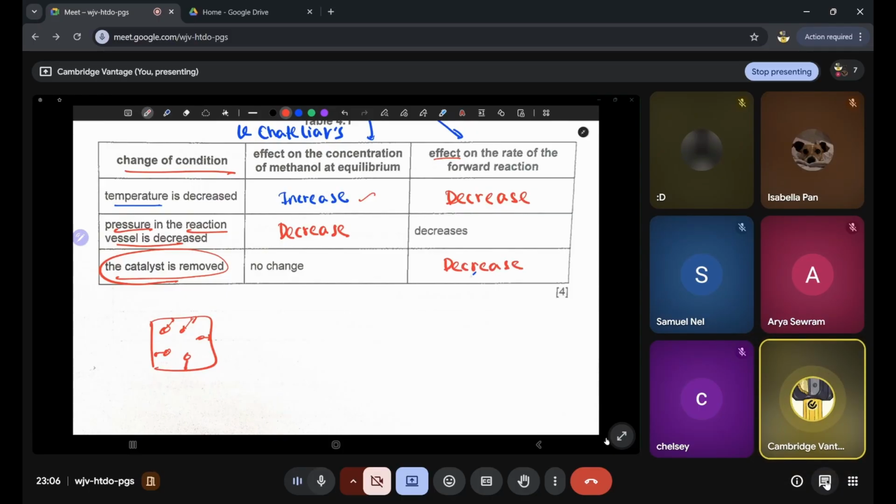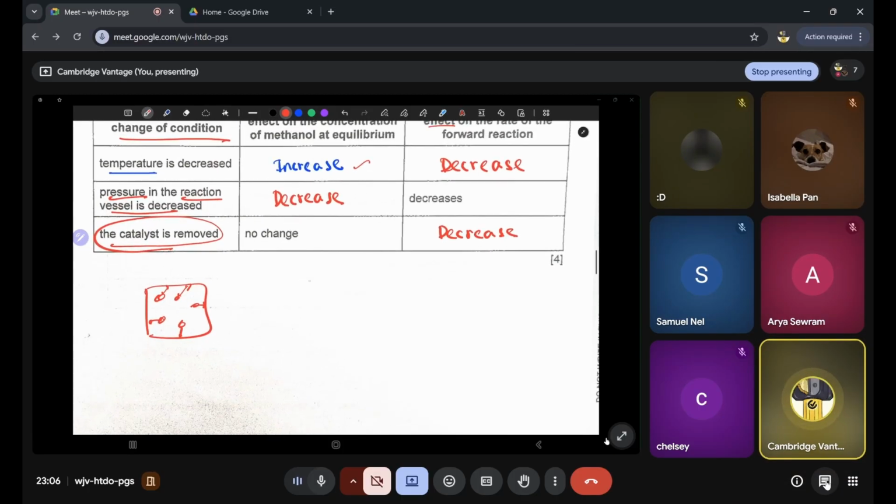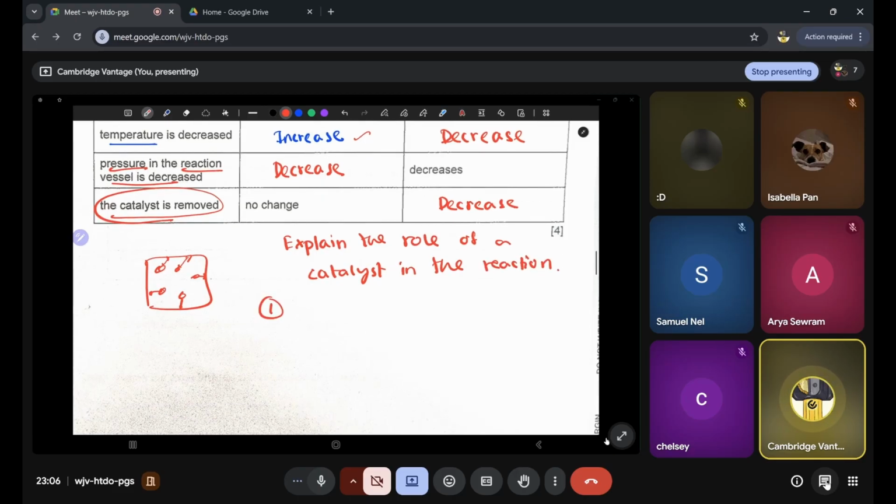What a catalyst does, and I think you guys should have a note of this, is basically sometimes they'll ask you to explain the role of a catalyst in the reaction. So there are 3 points that you should very clearly mention. So the first one should be lowers activation energy.